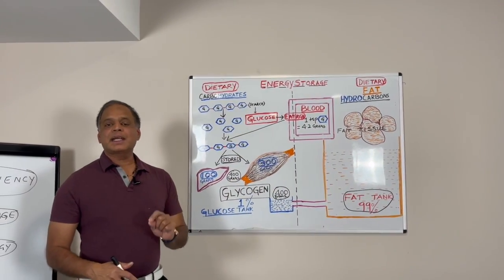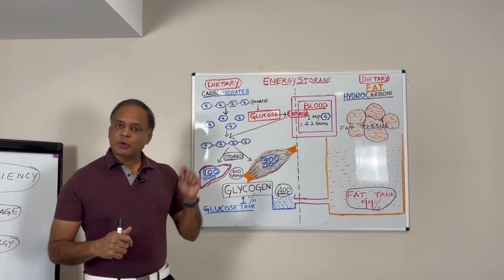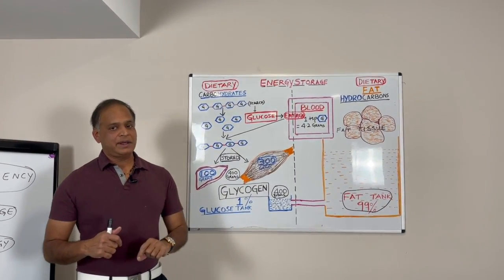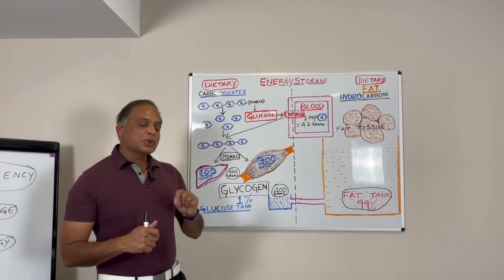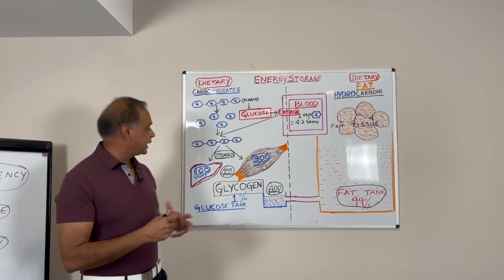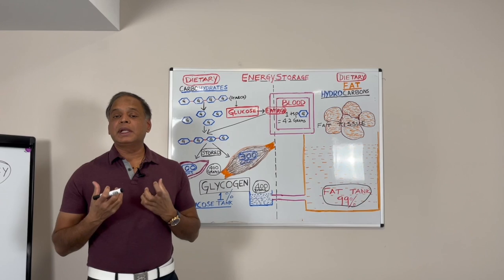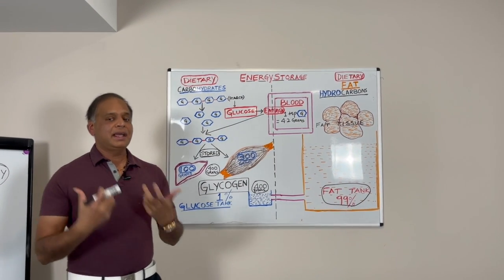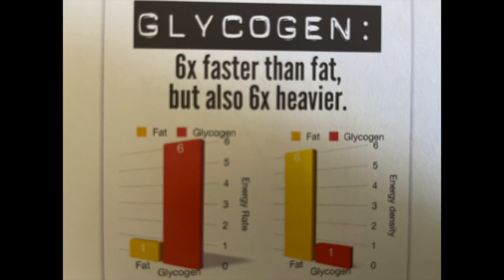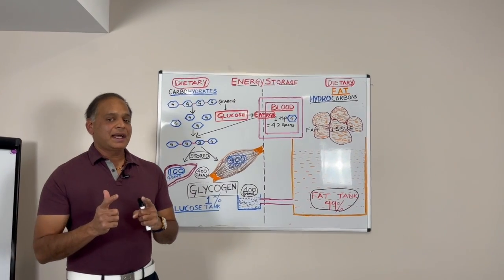When it is 6 times faster than fat, why is it that we can't store everything as carbohydrates? Well, we can't, because when water moves into the carbohydrates and dissolves, water is very heavy. It is 6 times heavier than fat. Obviously the body doesn't want to store energy that is 6 times as heavy as fat.